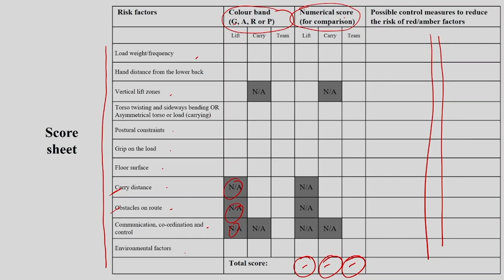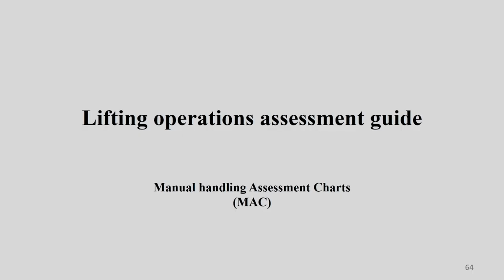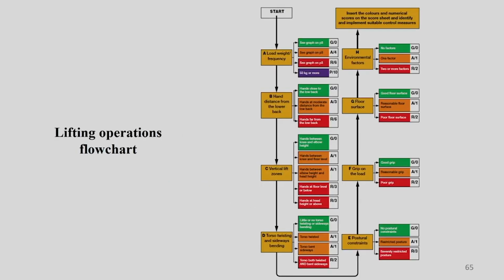Now, let us go ahead with each activity separately: lifting, carrying and teamwork. Let us start with the lifting operation. This is the only chart that we are going to go through, and this is the flow chart, the flow process of the whole activity. If it is a lifting, we are going to have this information.